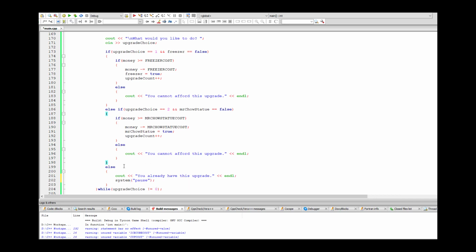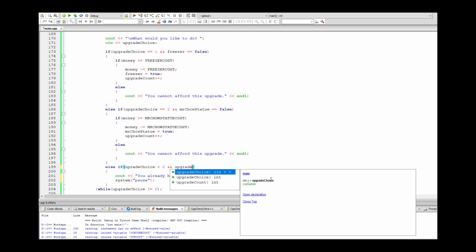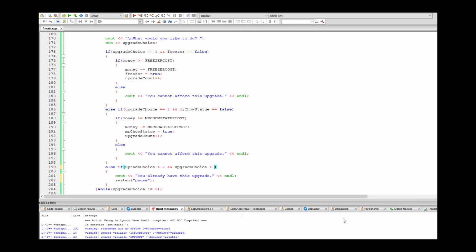Okay, now the problem is that it will always say that even if the person didn't try and purchase those things. So what we're going to have to do is have if upgrade choice was less than 2 and upgrade choice was greater than 0. So meaning they chose to buy something that they could actually get, right?